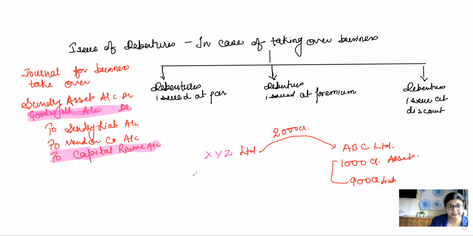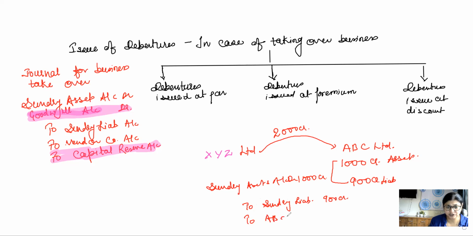Now when we'll pass this entry, we'll write sundry assets account debit 1000 crore. We will write to sundry liabilities 900 crore, and we will write to ABC Limited, which is vendor company.